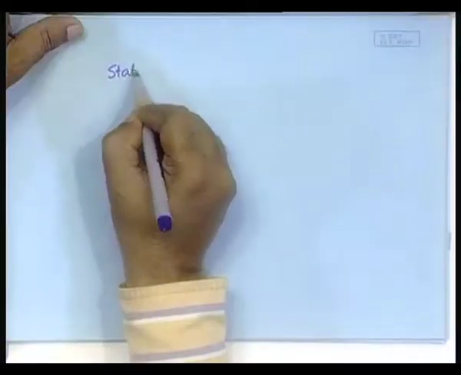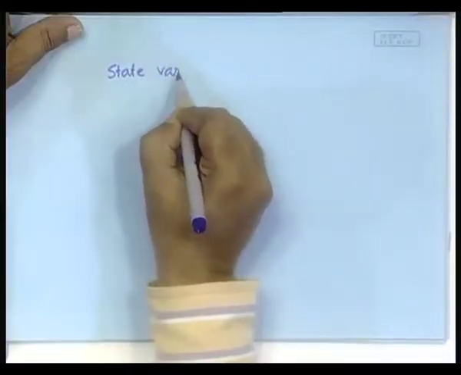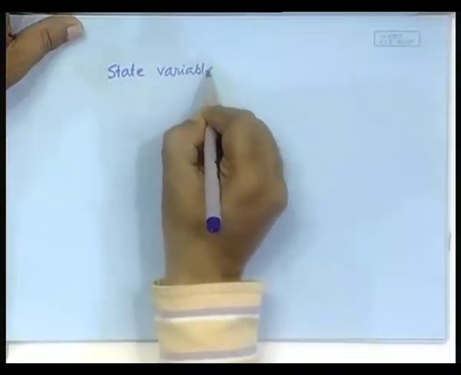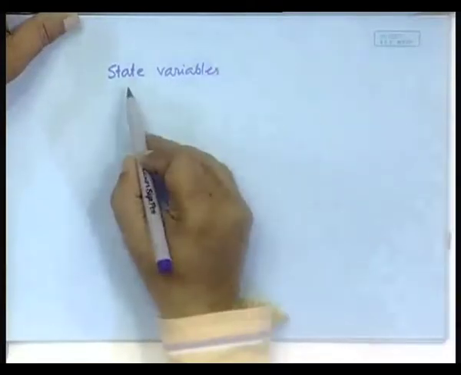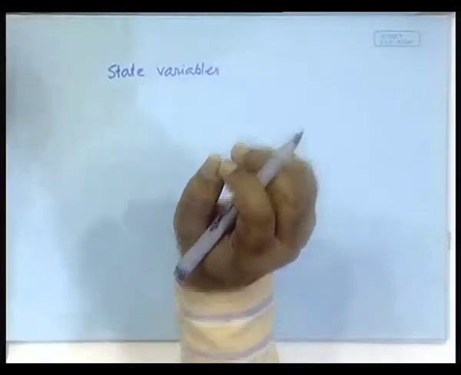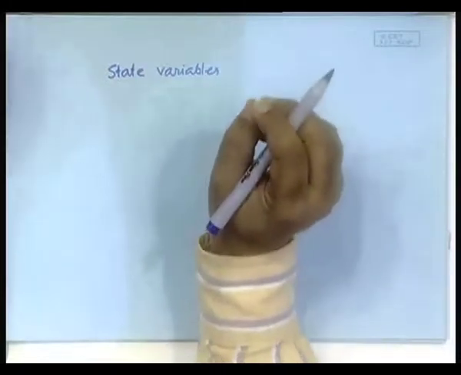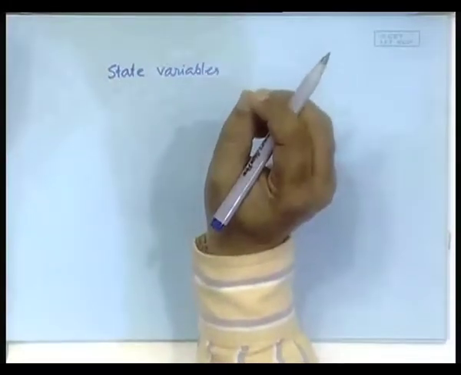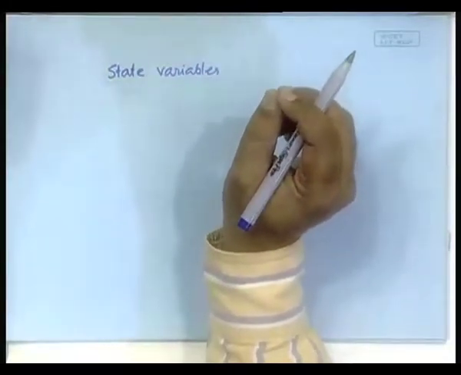There are a few variables, the state variables, normally these are defined as the minimum number of coordinates that you need in order to specify the dynamical status of a system uniquely.